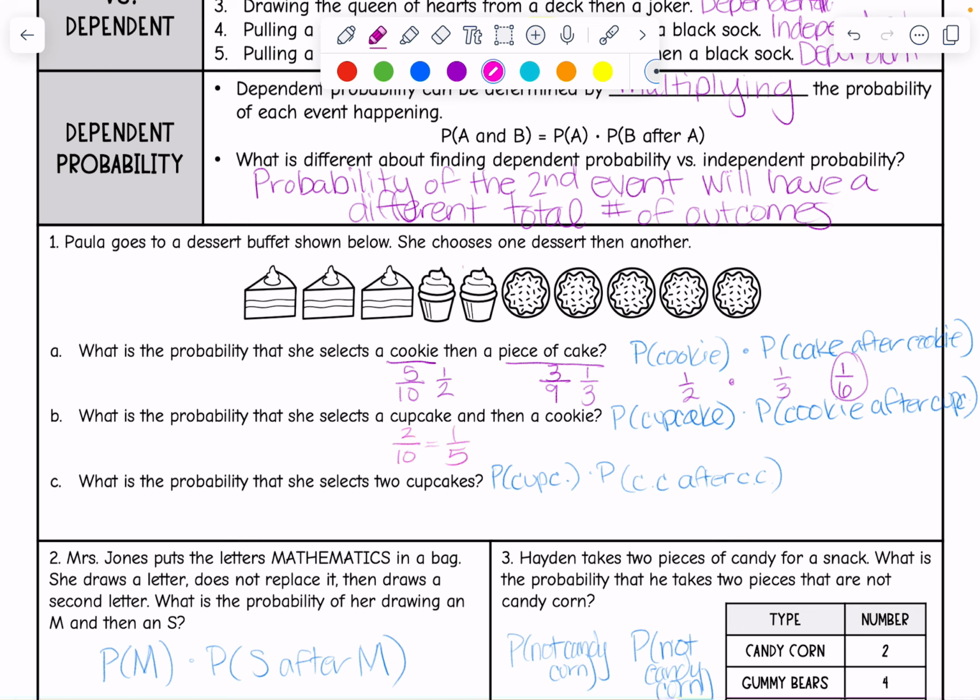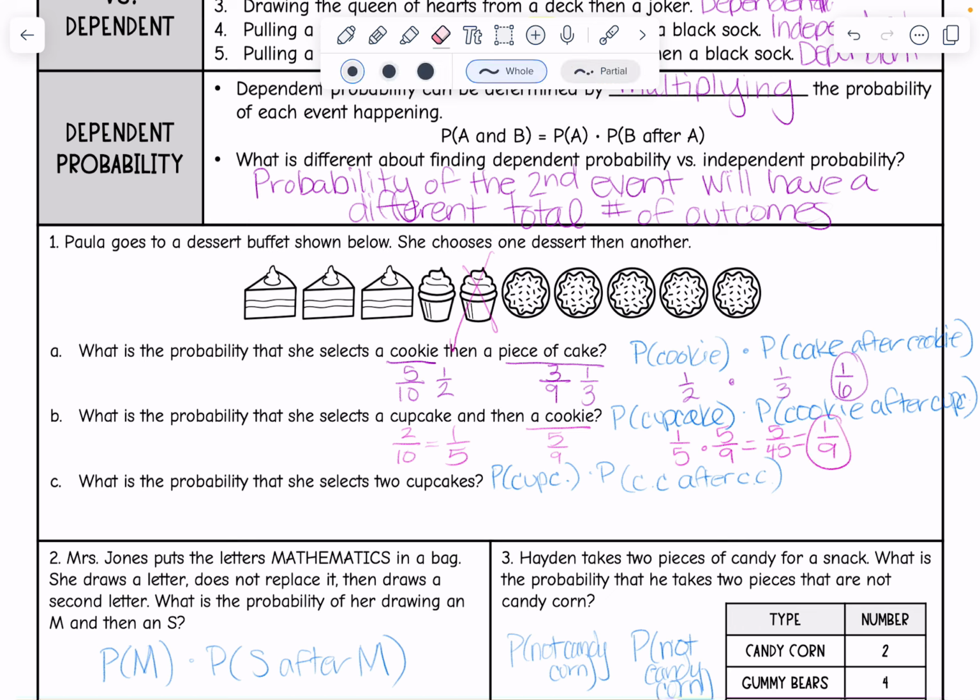And then again, we're going to pretend that she has the cupcake, so to get a cookie, we now have 9 options left, and 5 of those are cookies. So we're going to be multiplying 1/5 times 5/9, which gives us 5/45, and we can simplify that to 1/9.